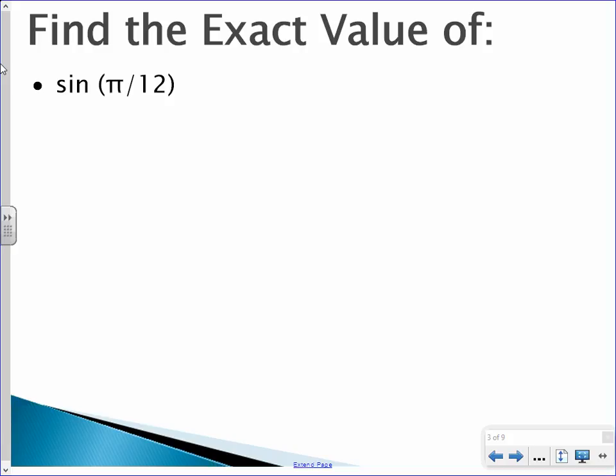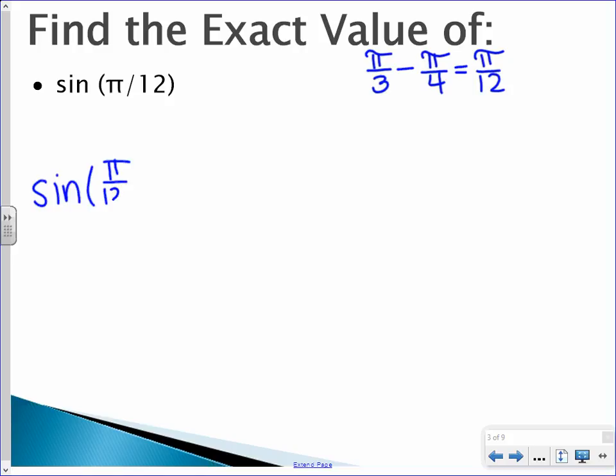Okay, if we take pi over 3 and subtract pi over 4, we get pi over 12. So in order to evaluate the sine of pi over 12, we're going to treat our angle as pi over 3 minus pi over 4.